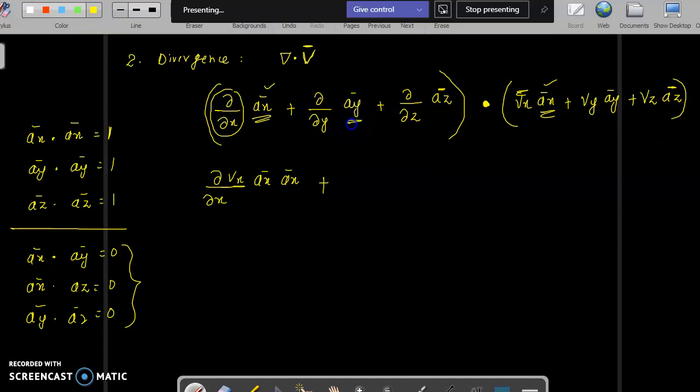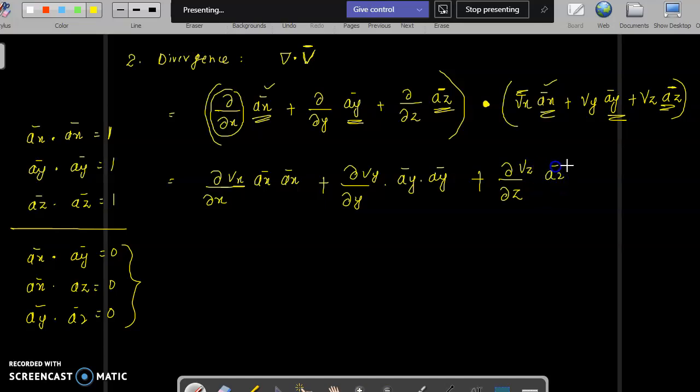Next, I can multiply Ay with only Ay. So this becomes Vy Ay. The next term is I can multiply with only Az and Az. Then the last term becomes partial derivative on Az of this quantity Vz.